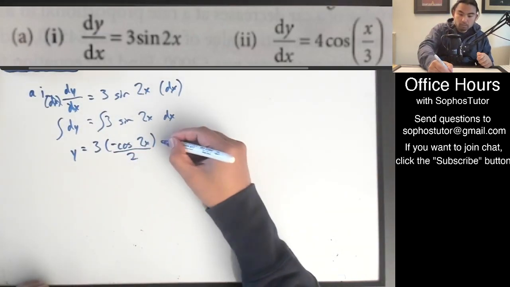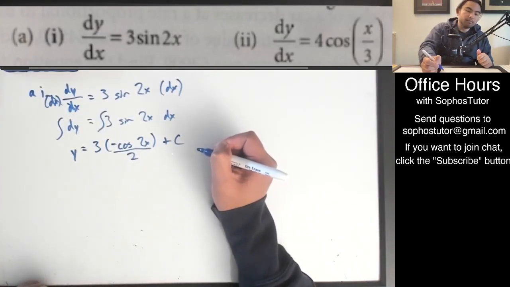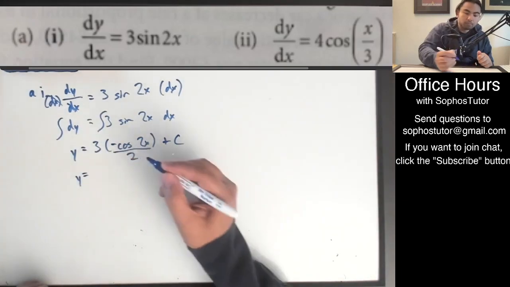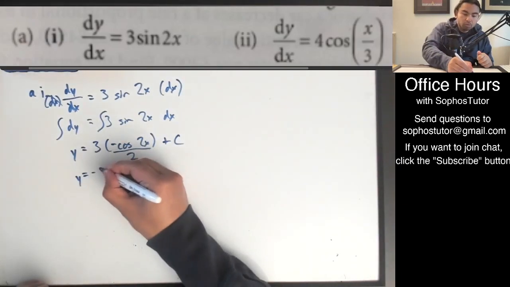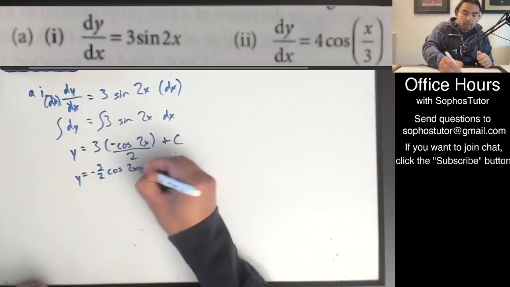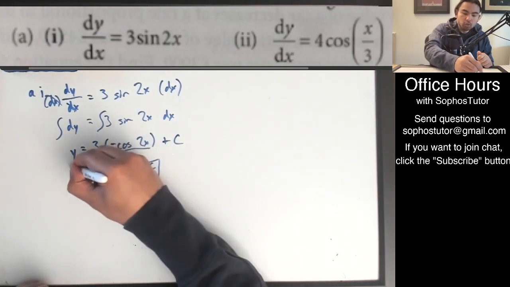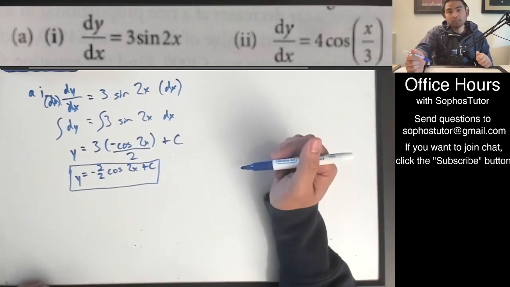So this works out. And since we're taking the indefinite integral, we need to add c. So if we clean this up, we should get y is equal to negative 3 over 2 cosine of 2x plus c. And so this is the general solution to the differential equation above.